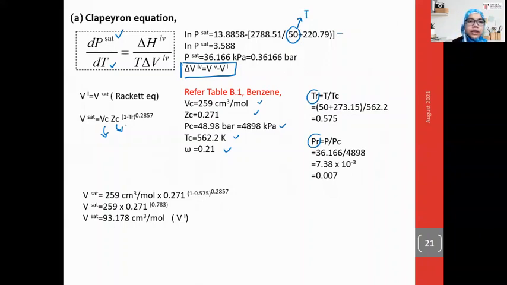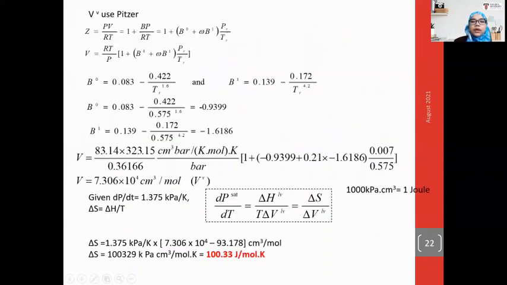By inserting this, we can get the saturation volume, or saturated specific volume, also known as the volume of the liquid. For the specific volume of the vapor here, we can use Pitzer, as you can see here, this is based on the Pitzer correlation.